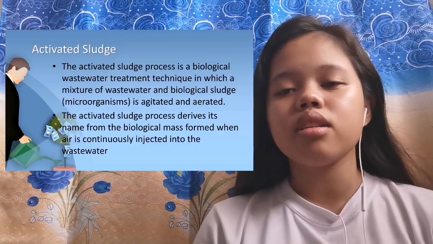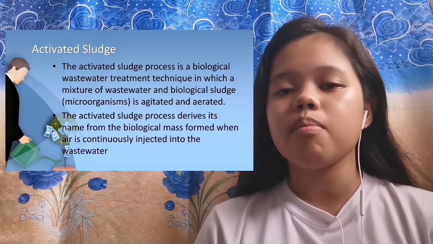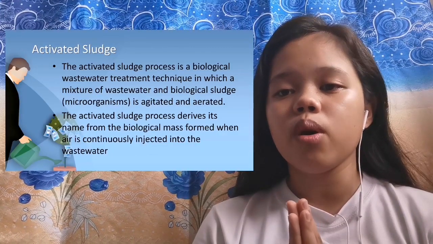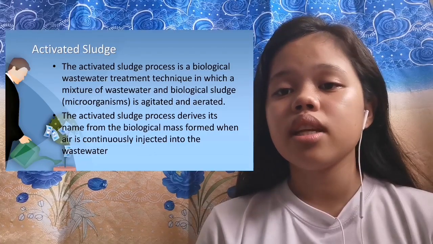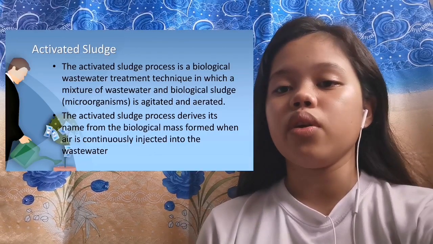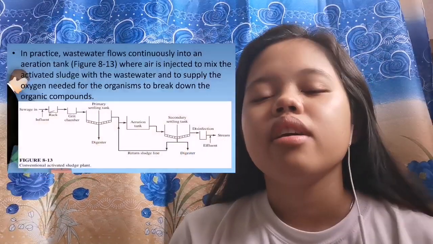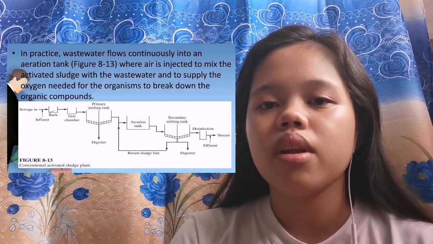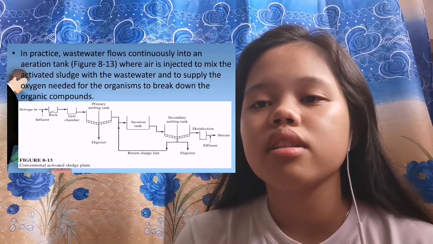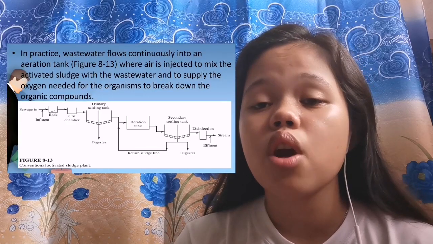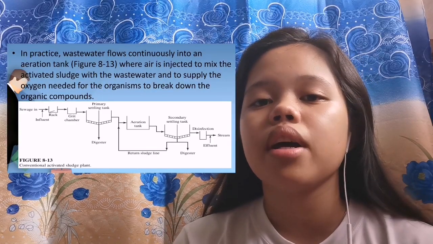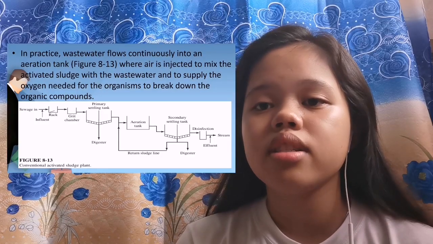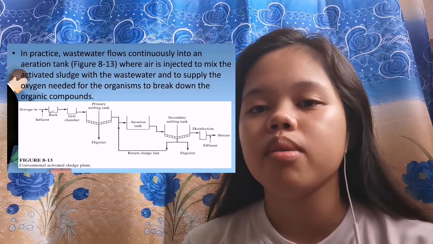The activated sludge process derives its name from the biological mass formed when air is continuously injected into the wastewater. In practice, wastewater flows continuously into an aeration tank where air is injected to mix the activated sludge with the wastewater and to supply the oxygen needed for the organisms to break down the organic compounds.